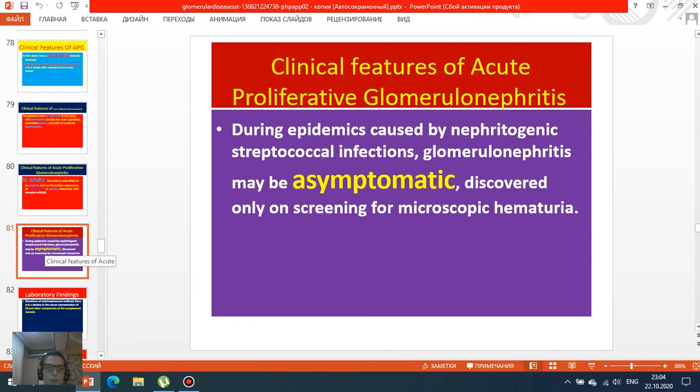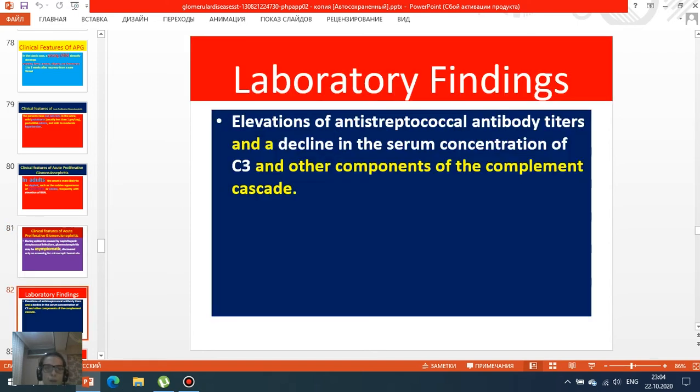During epidemics caused by nephritogenic streptococcal infection, glomerulonephritis may be asymptomatic, discovered only on screening for microscopic hematuria. There is elevation of anti-streptococcal antibody titers and a decline in the serum concentration of complement C3 and other components of the complement cascade.